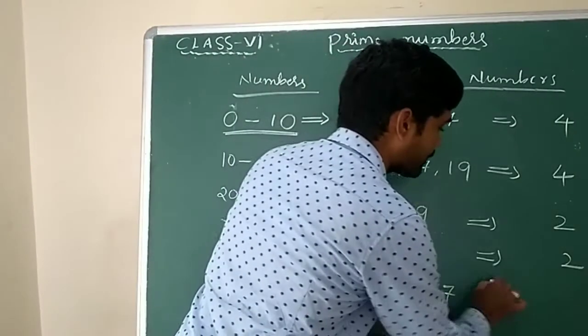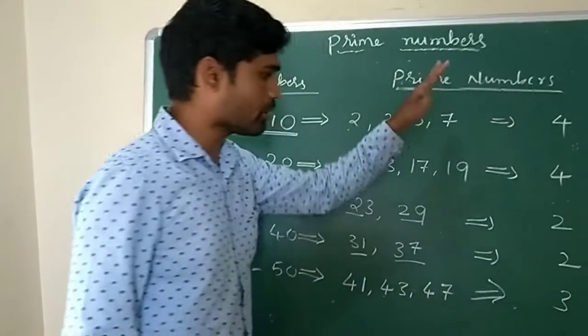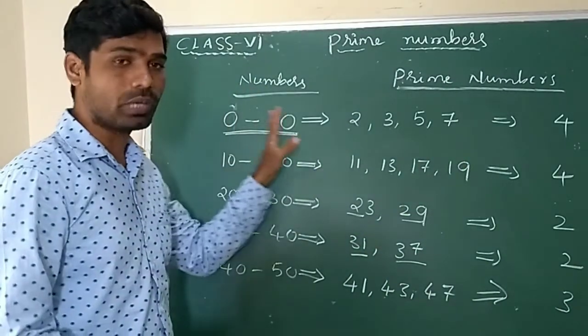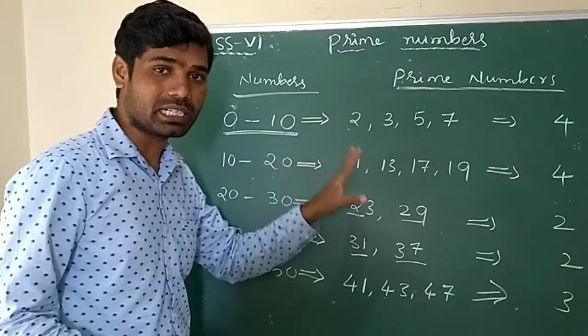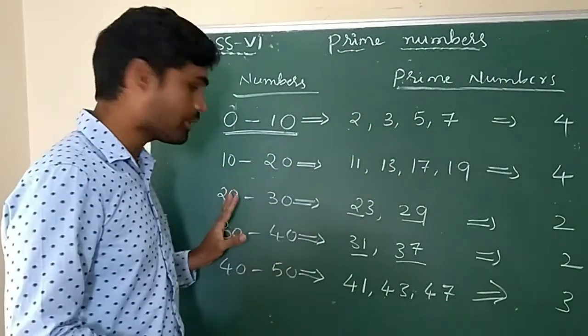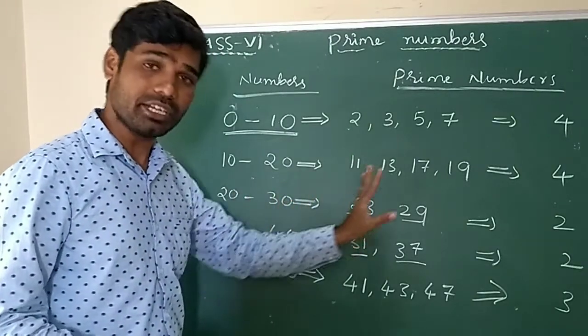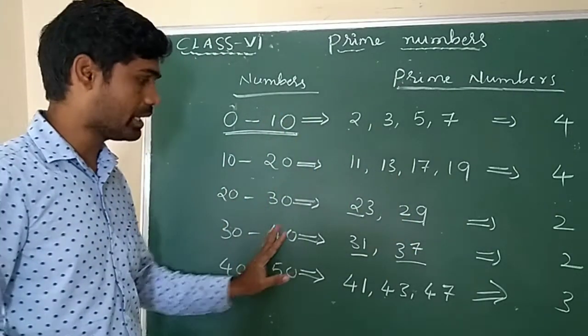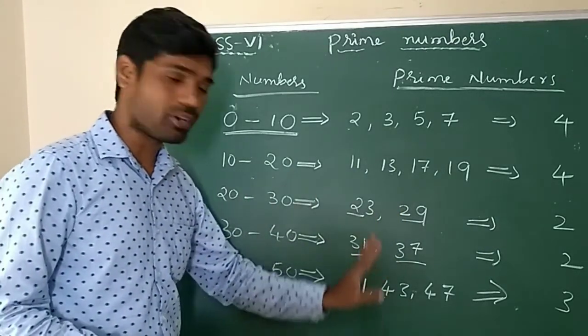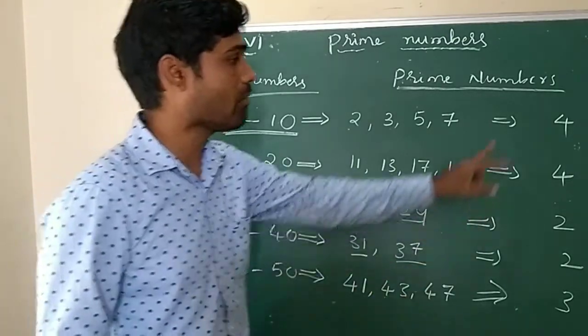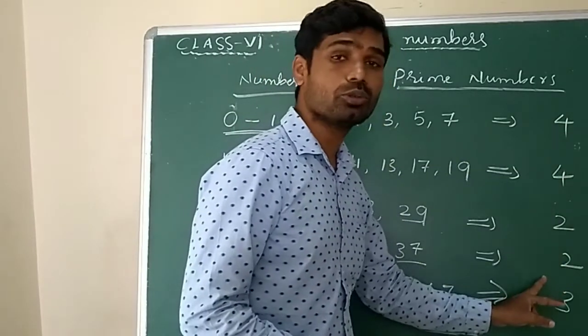So 3 here. Therefore, an easy way to remember: 0 to 10, 2, 3, 5, 7. 10 to 20, 11, 13, 17, 19. 20 to 30, 23, 29. 30 to 40, 31, 37. 40 to 50, 41, 43, 47. So here we have 4, 4, 2, 2, 3.